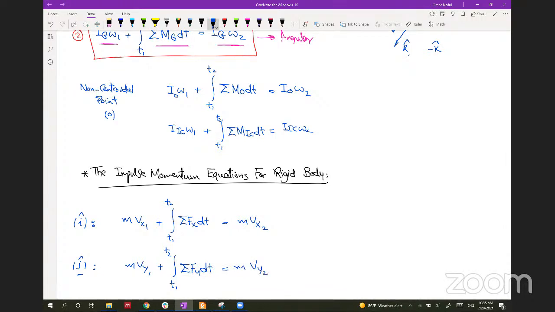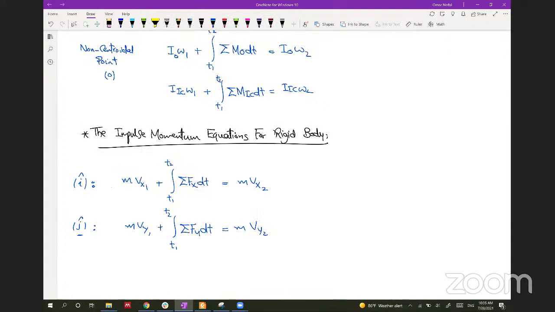The third equation will be the one in the k hat or negative k hat direction, which is the one related to the angular momentum. So it will be I multiplied by omega 1 plus the integration of the sum of the moments about point O, let's put O here, dt, equal to I about O multiplied by omega 2.